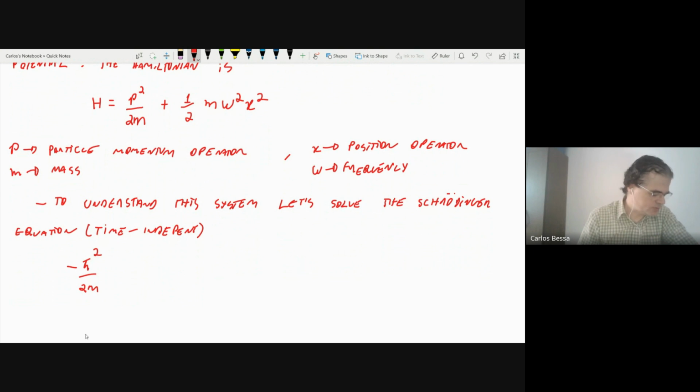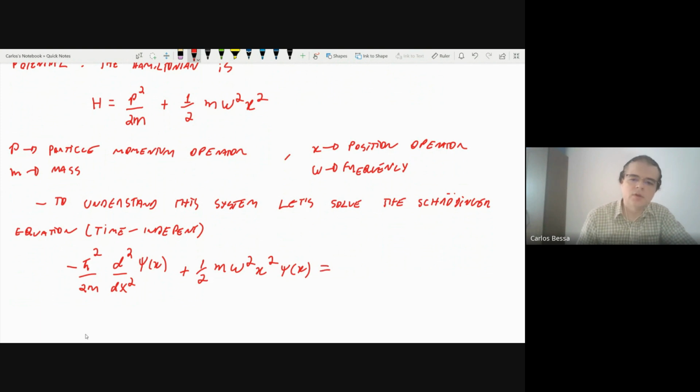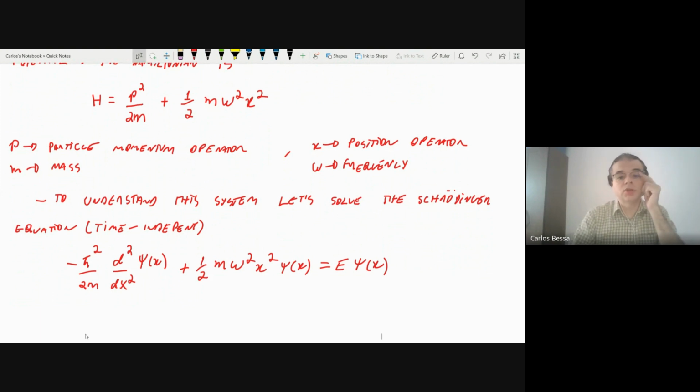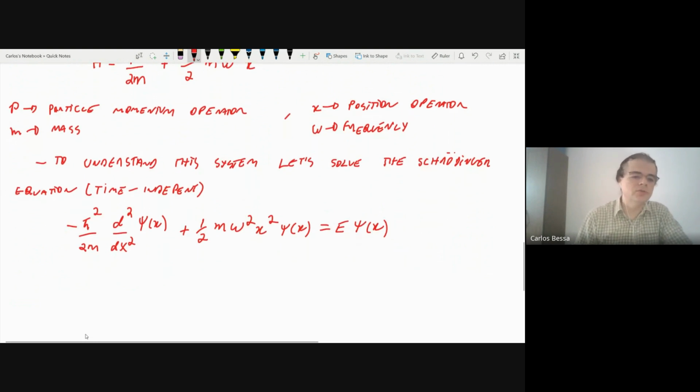So this is the second derivative of psi of x, plus 1/2 m omega squared x squared psi of x, equal to the energy times psi. Here we could simply solve this differential equation using one of the methods that we learned in the prerequisite material.